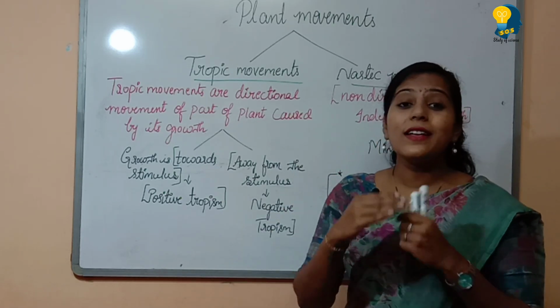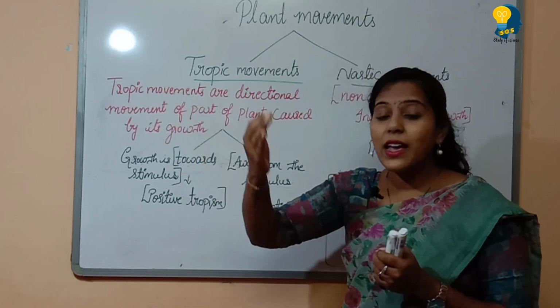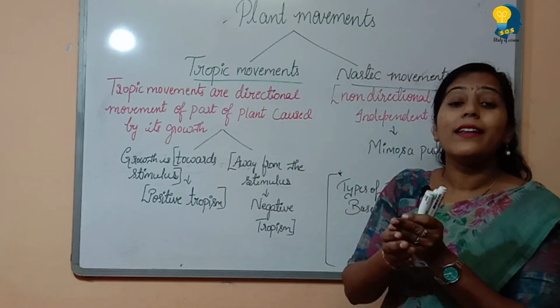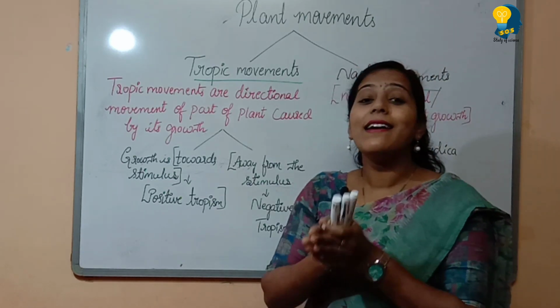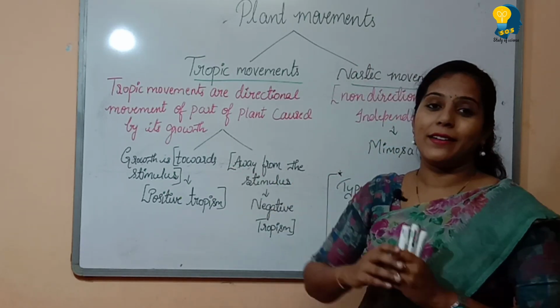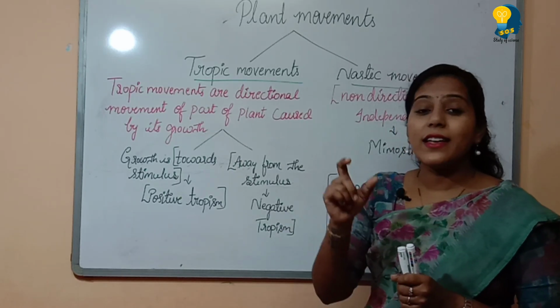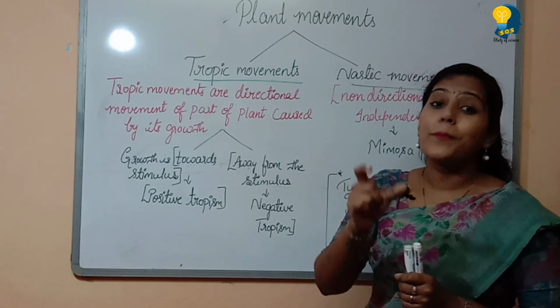The stem shows direction towards the sunlight. These are the parts of the plant showing one particular directional movement towards the water or sunlight or whatever it may be. This is what we call the tropic movement.